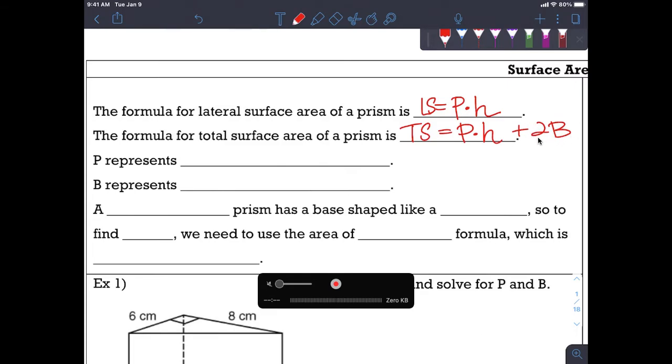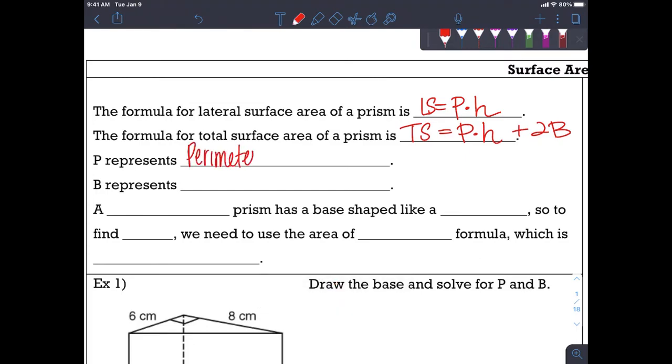P is going to represent the perimeter of my base, and the large letter B represents the area of my base.